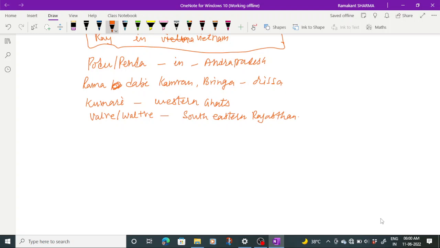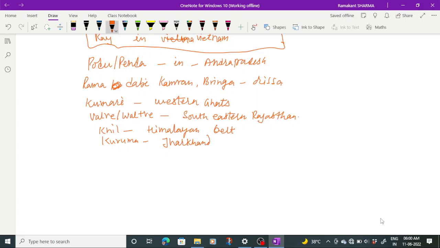Then in the Himalayan belt it is called Khil. Then it is called Kuruma in Jharkhand.